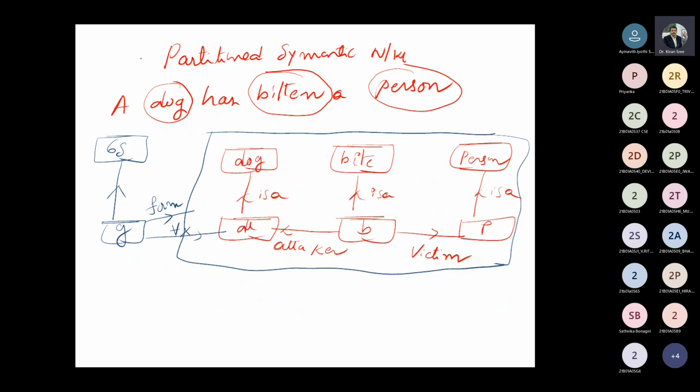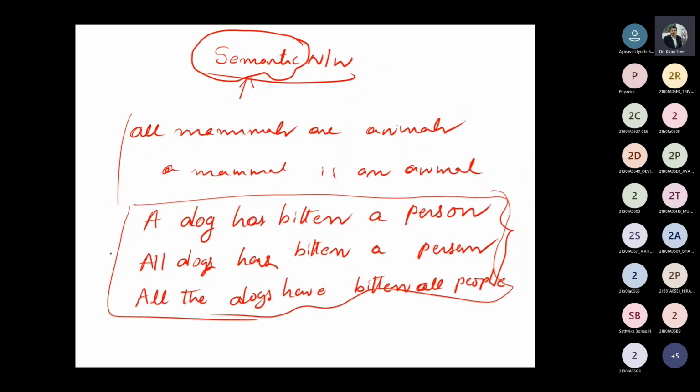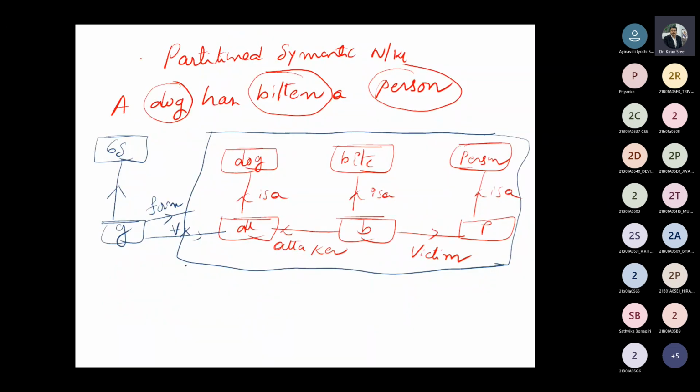So what the partition semantic network tells you is that you have three statements where the actions are the same and the actors are the same, but the quantifiers are different. Then we find this type of partition and add this. For the second statement, all dogs have bitten the person, we take a general statement, GS.